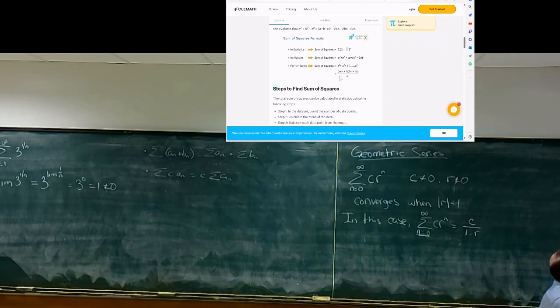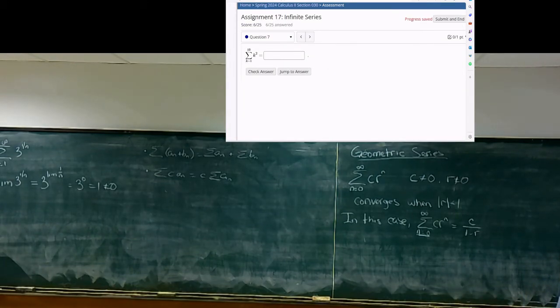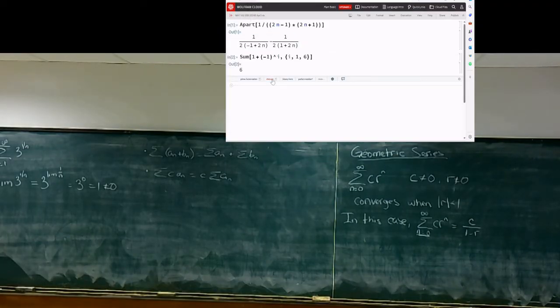So for this sum, it would be 10 times 11 times 21 all over 6. 385.